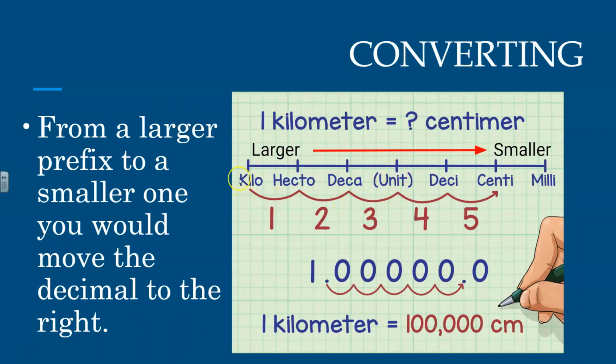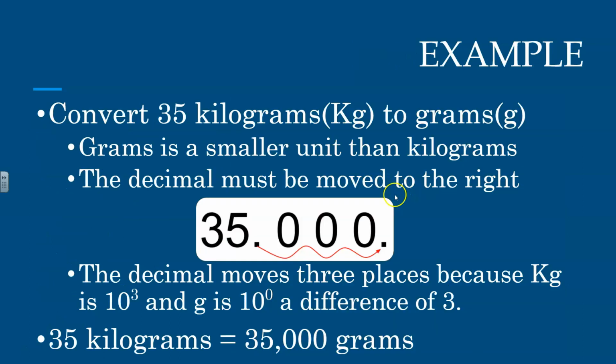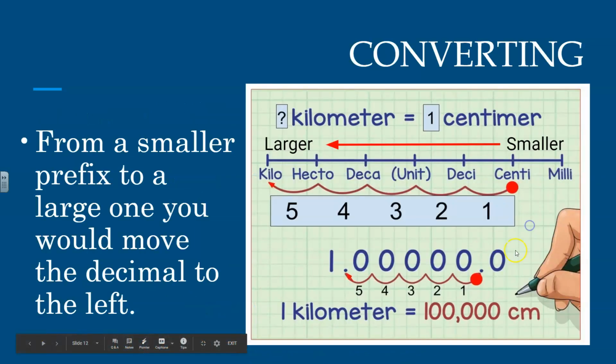The difference between kilograms and grams is 1, 2, 3. Since we're going from a larger unit to a smaller, we move to the right. We move 3 places because kilogram is 10 to the 3 and grams is 10 to the 0. So 35 kilograms is equal to 35,000 grams.